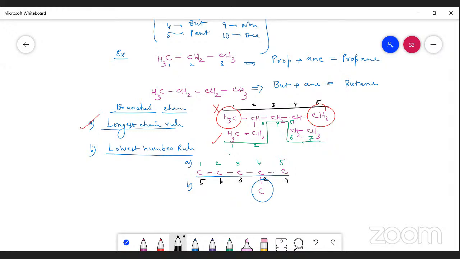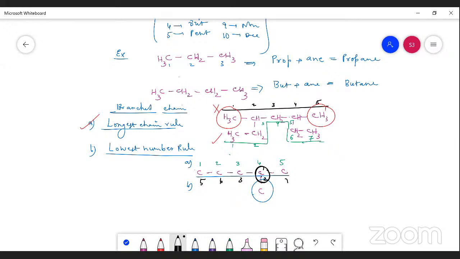As per the lowest number rule, the numbering where the substituted carbon, so this is the substituted carbon, the carbon on which the substituent is present, that is what we call the substituted carbon. The substituted carbon number should be least. That is the correct numbering.